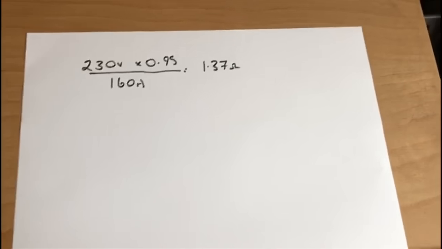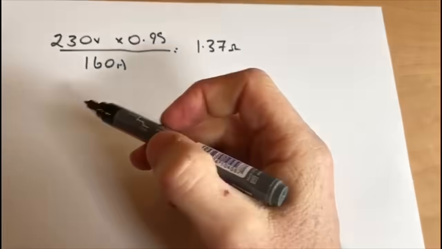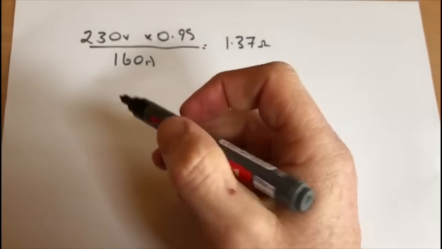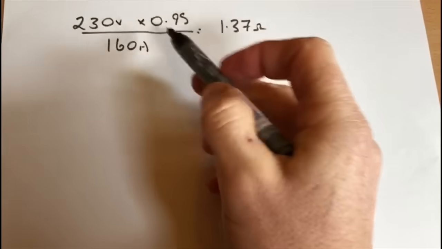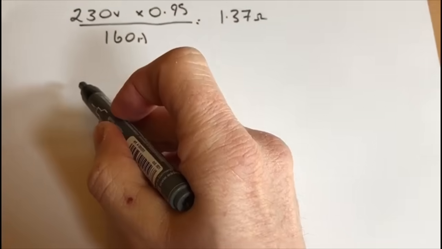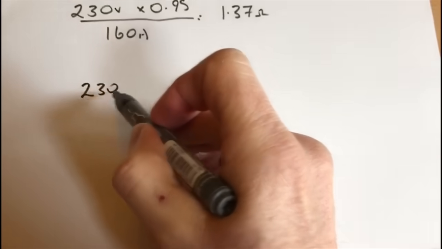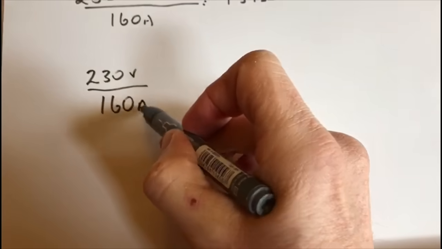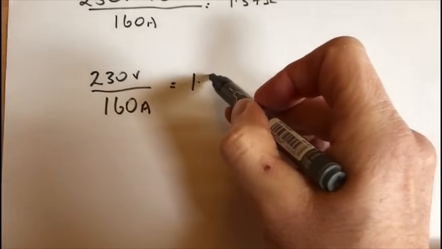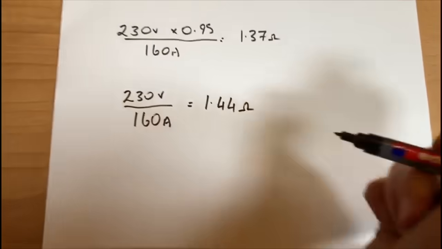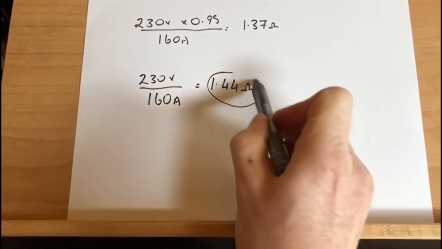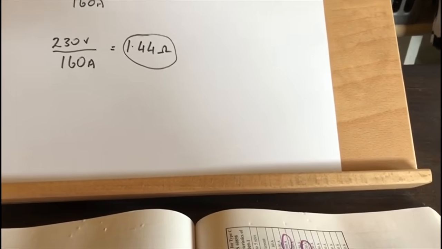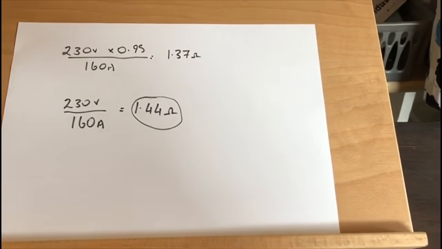Now, something to understand is that before Amendment 3 of 2015 of the 17th edition, where the C minimum value was introduced, previously it was simply just 230 volts, divide that by 160 amps equals 1.44 ohms. So this value here was the previous value for a 32 amp circuit breaker.